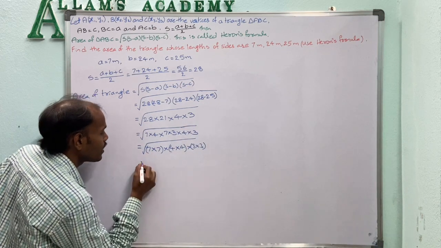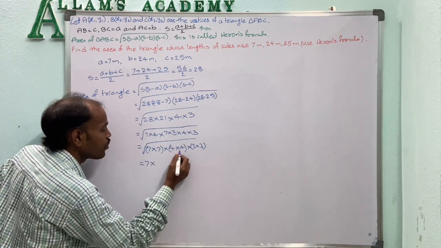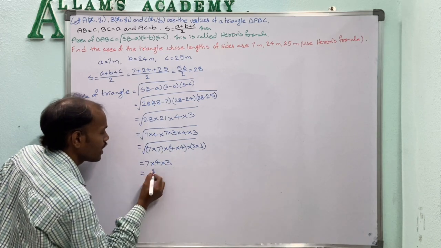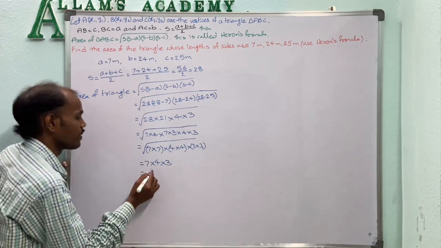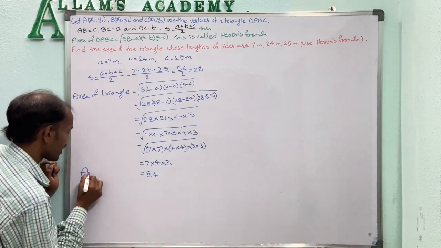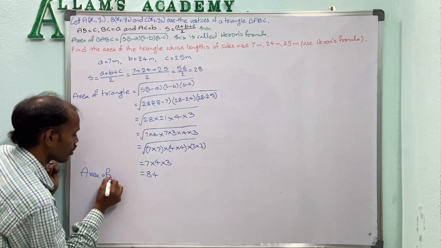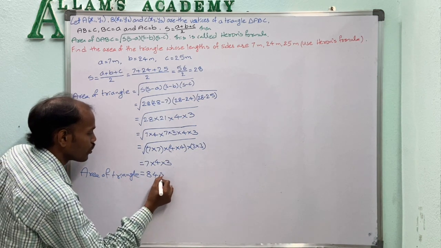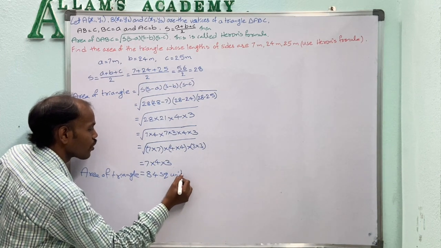In that, from 7 into 7 we take one 7, from 4 into 4 one 4, and from 3 into 3 one 3. 3 4s are 12, and 12 7s are 84. So the area of the triangle is 84 square units by using Heron's formula.